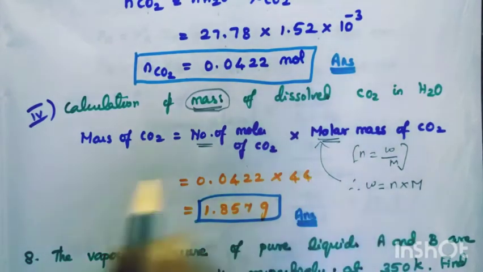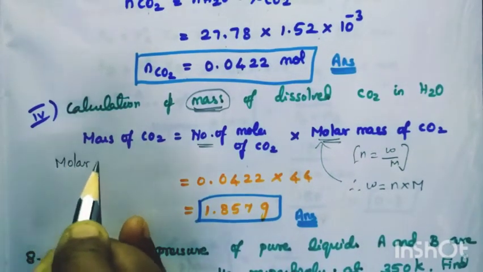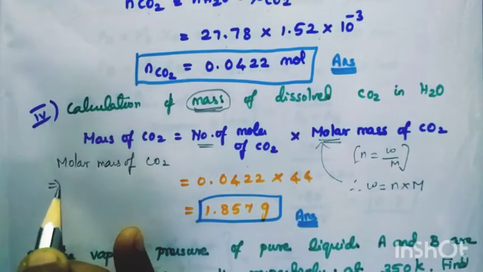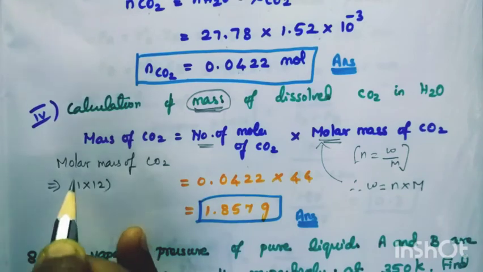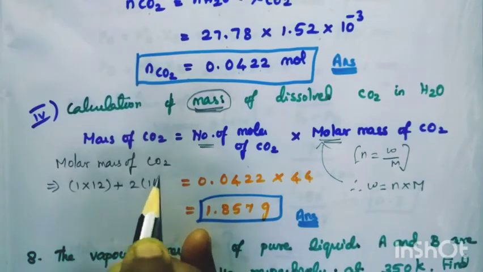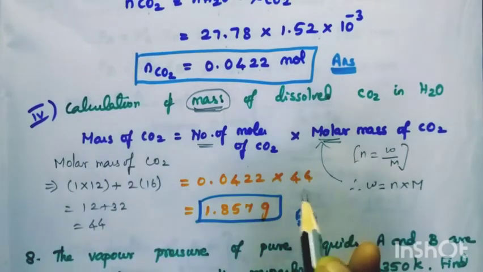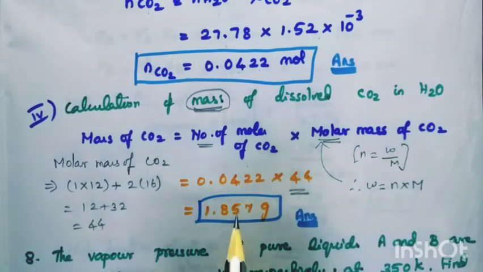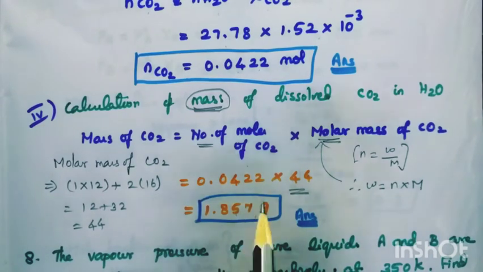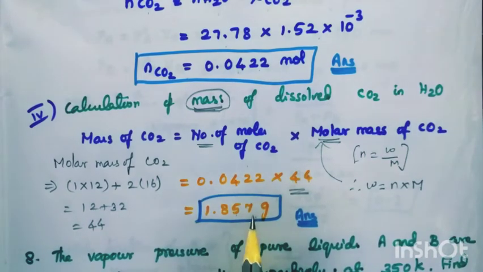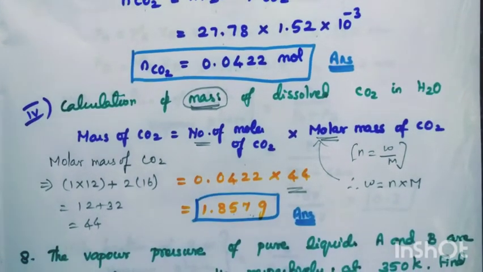M for carbon dioxide, how will you calculate the molar mass? 1 into 12 plus 2 into 16, that is 12 plus 32, equal to 44. So we get this value. This is the answer. We needed the quantity of carbon dioxide dissolved in water, soda water. So this is the mass or quantity we found.